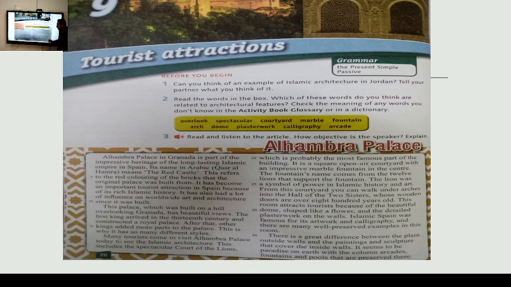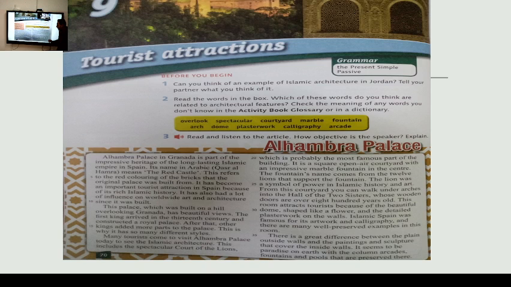It is a square, open-air courtyard with an impressive marble fountain, a very beautiful decoration made of marble. In the center we have a fountain, and it has a very strange story.